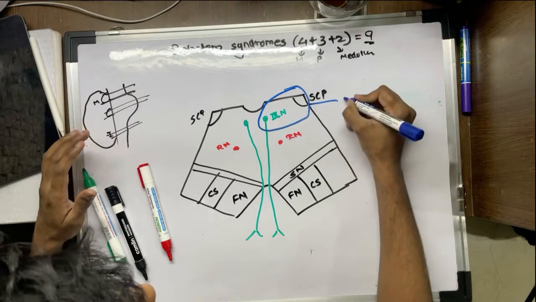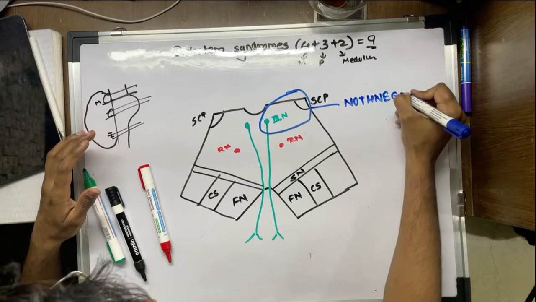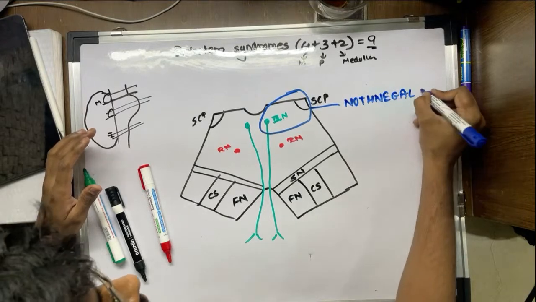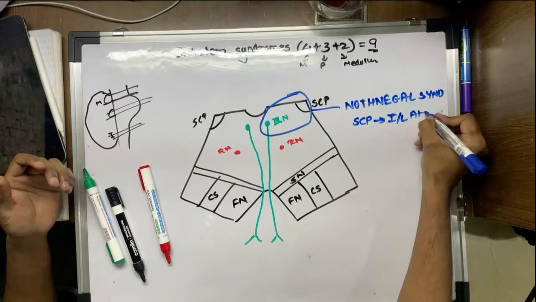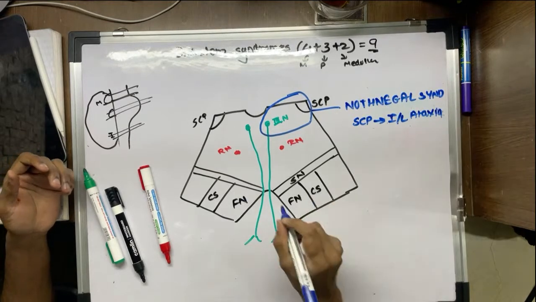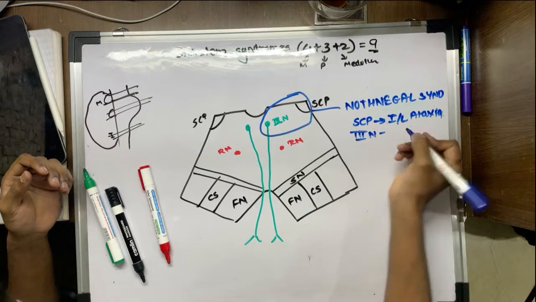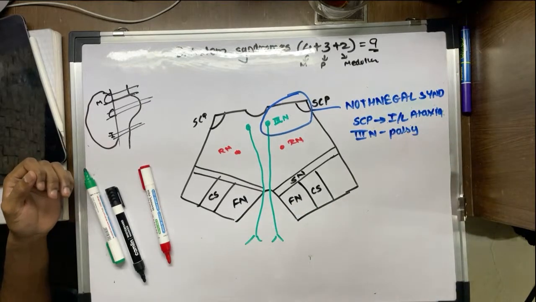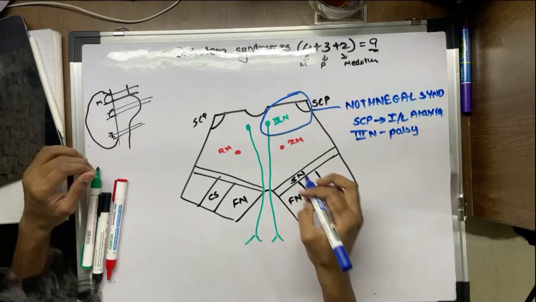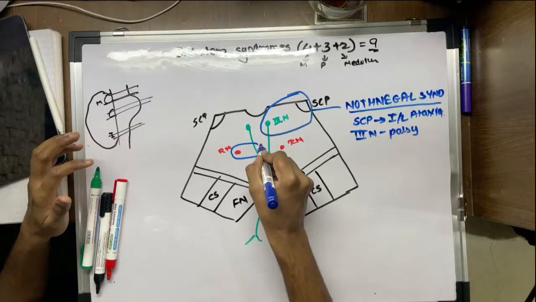It causes ataxia of the same side, ipsilateral ataxia. The third nerve nucleus is involved, so third nerve palsy. The third nerve supplies the ocular muscles. Only this part is involved.